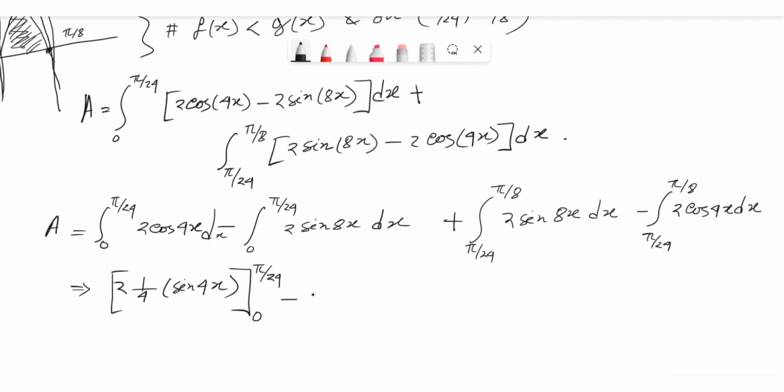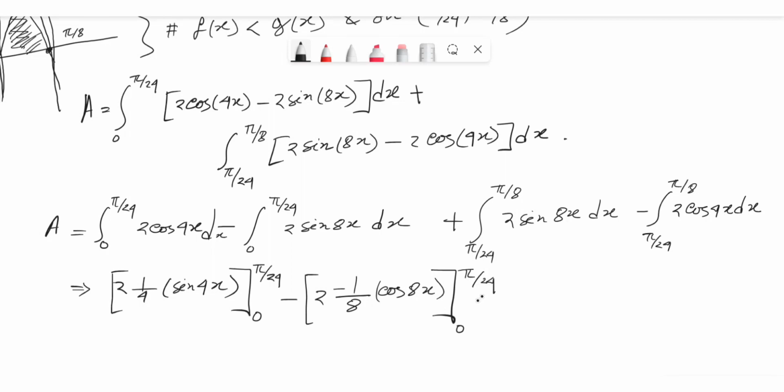Minus this part: 2 is constant, so 2 will come out, and this will be minus 1 by 8 cos 8x, because the integration of sine x gives us minus cos x. That's why the minus is here. It will be enclosed with the limits 0 to pi by 24.